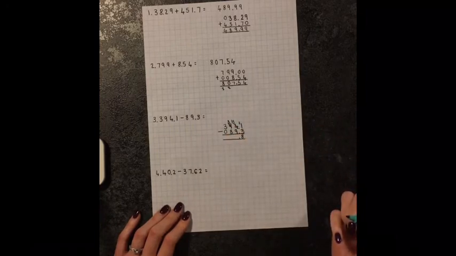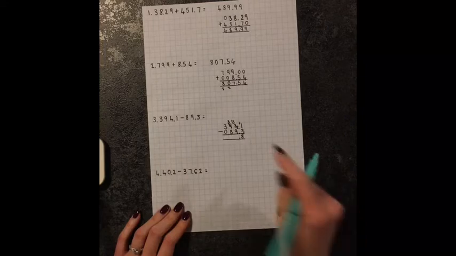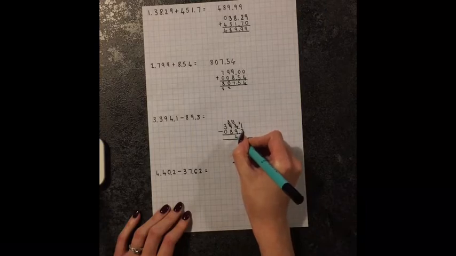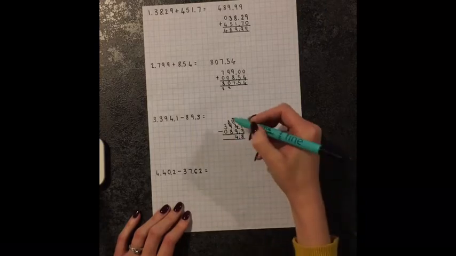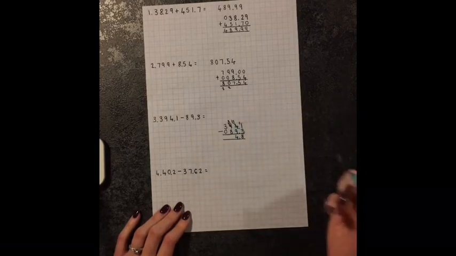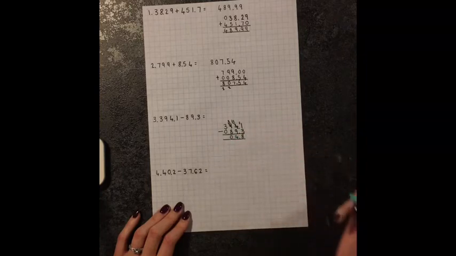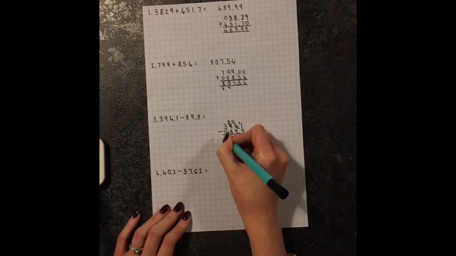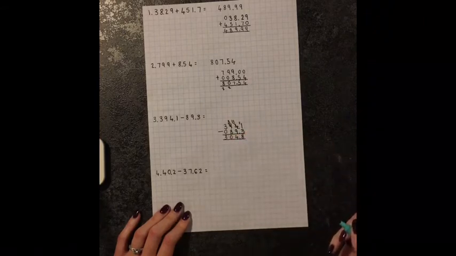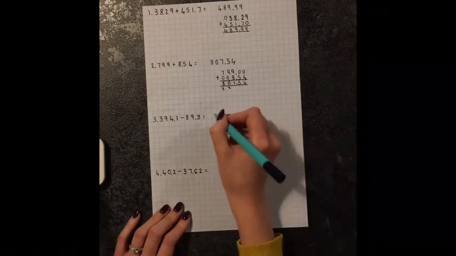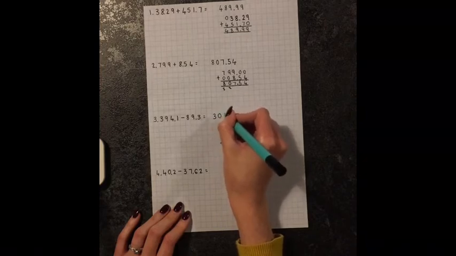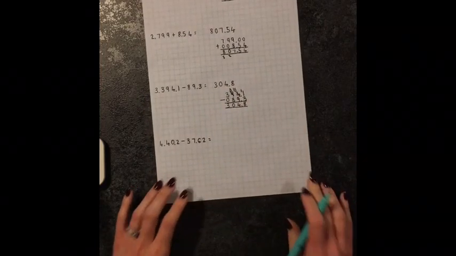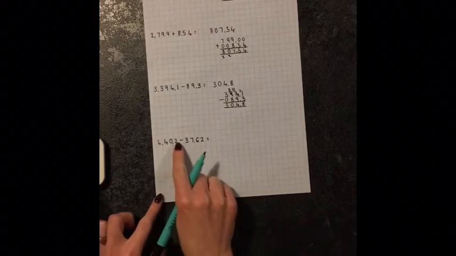So now there is 13. 13 subtract 9, 4. 8 minus 8 is 0, and 3 minus 0 is 3. So my answer is 304.8.